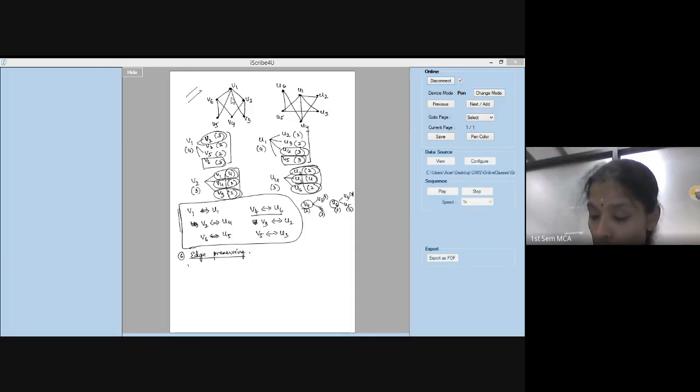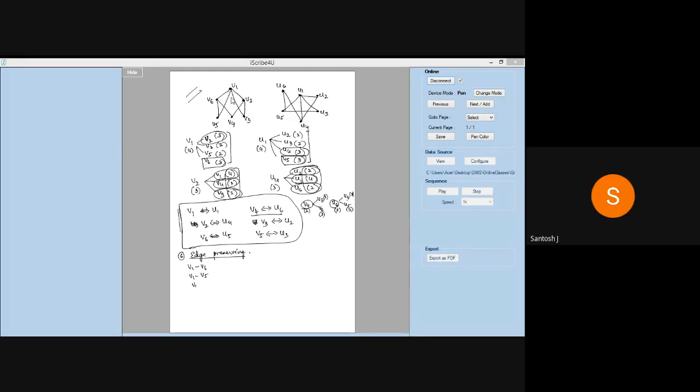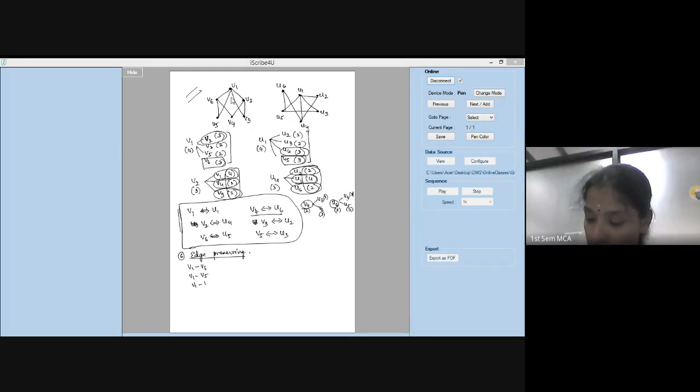Now, what are all the edges of V1? Let me put down V1 to V6 is one edge. V1 to V5, V1 to V4 is not there. V1 to V2. Then V1 to V3.